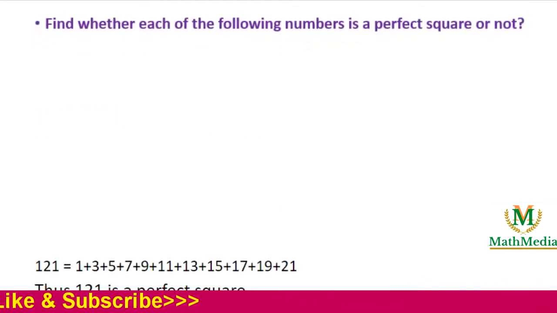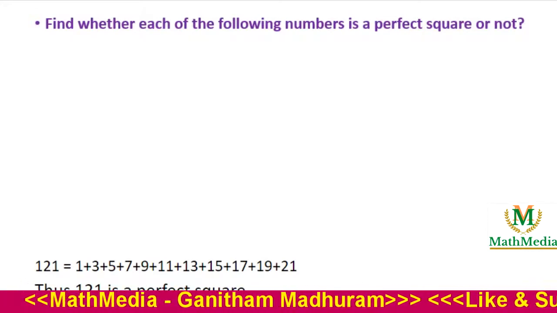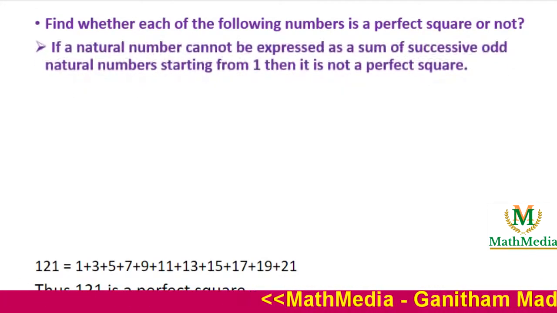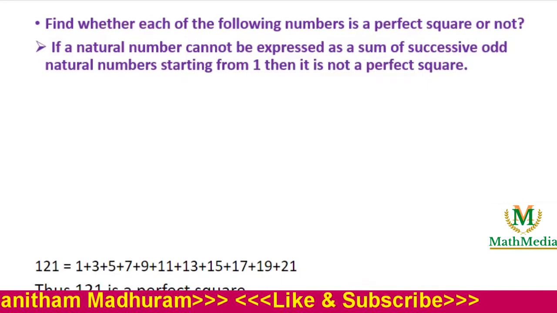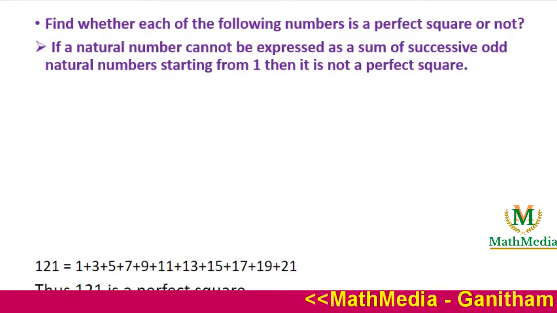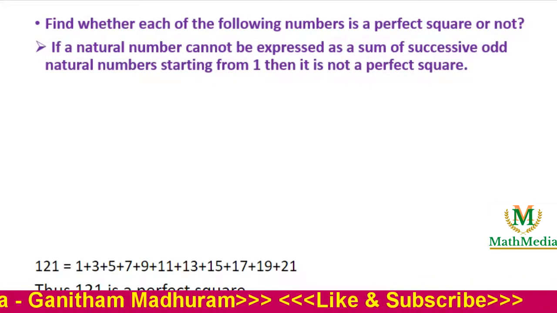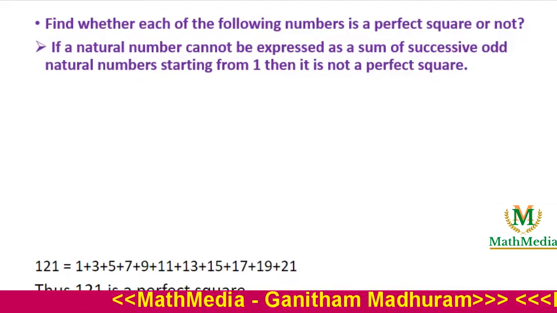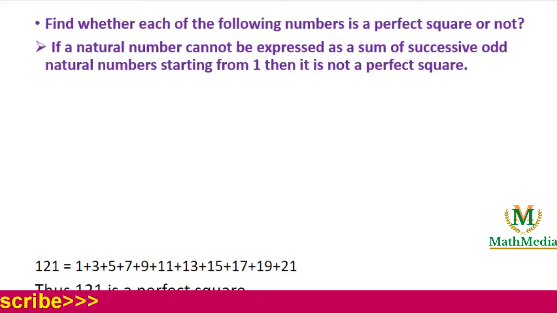Next question: find whether each of the following numbers is a perfect square or not. How can we check whether the given number is a perfect square or not? A small hint that you have to remember: if a natural number cannot be expressed as a sum of successive odd natural numbers starting from 1, then it is not a perfect square.